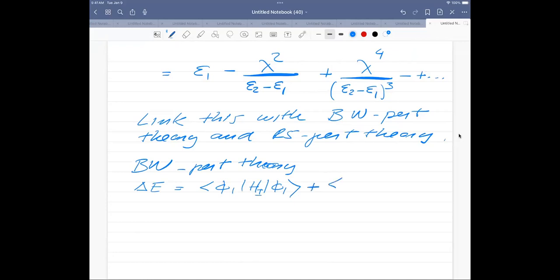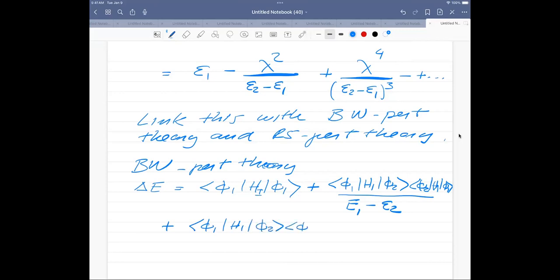And then we have phi 1 of H_I, and then the intermediate state is phi 2 of phi I. And this is divided by, but now I have the exact energy. I don't have the unperturbed energy, but this is divided by E1 minus this unperturbed energy epsilon 2. And then I have the term to third order.